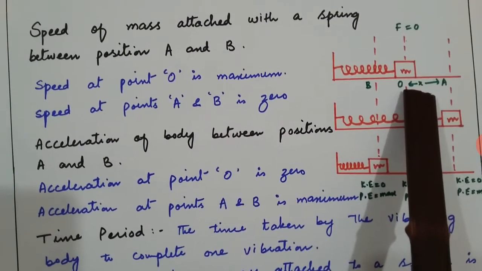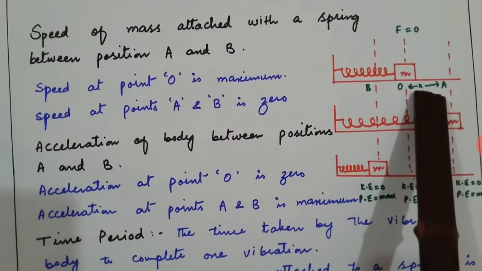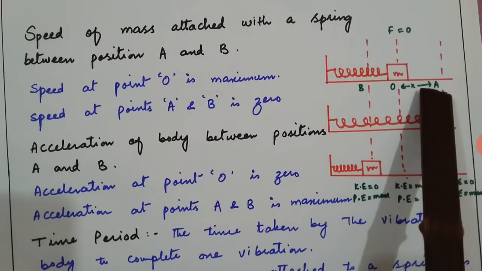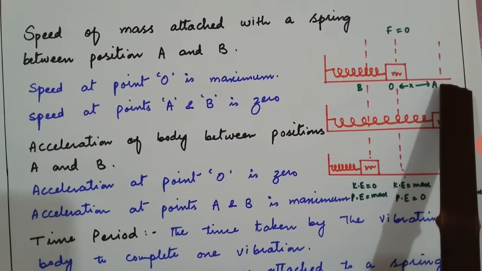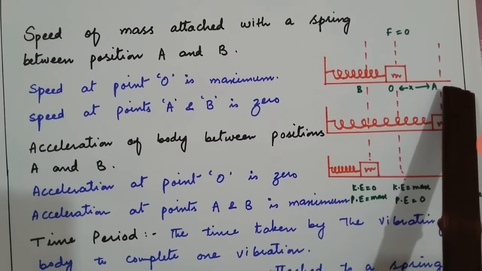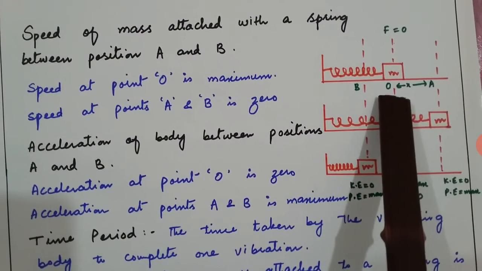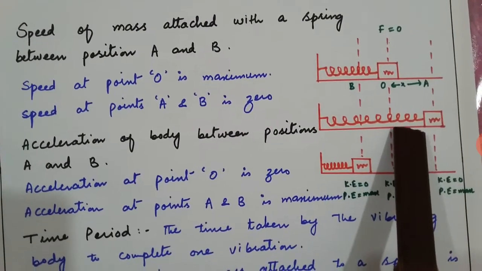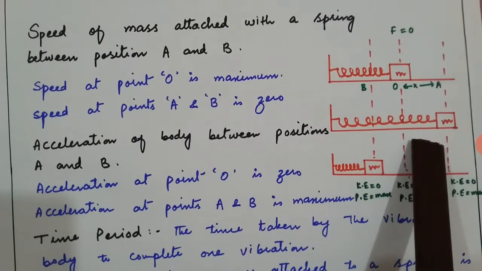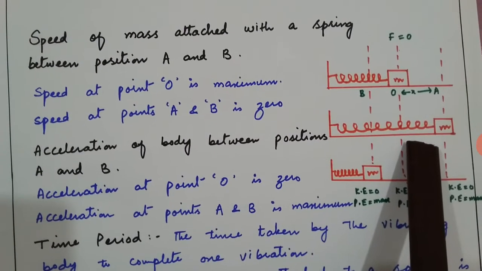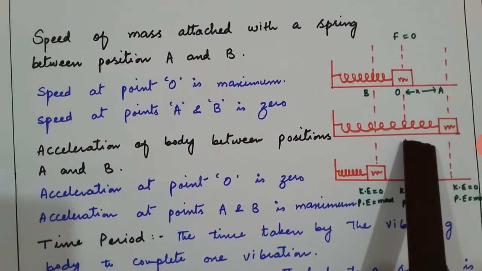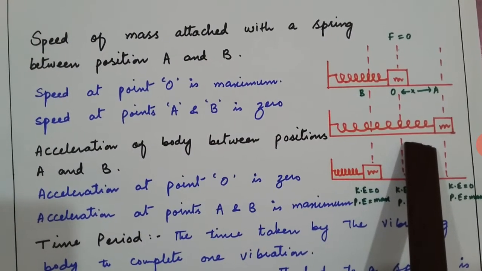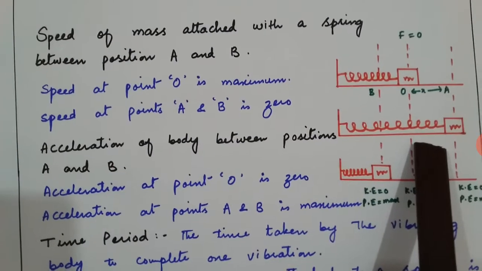When the body moves from O to A by applying force and then is released, the body starts moving from A to the mean position O under the action of restoring force. When the body is about to reach O, its speed is maximum.